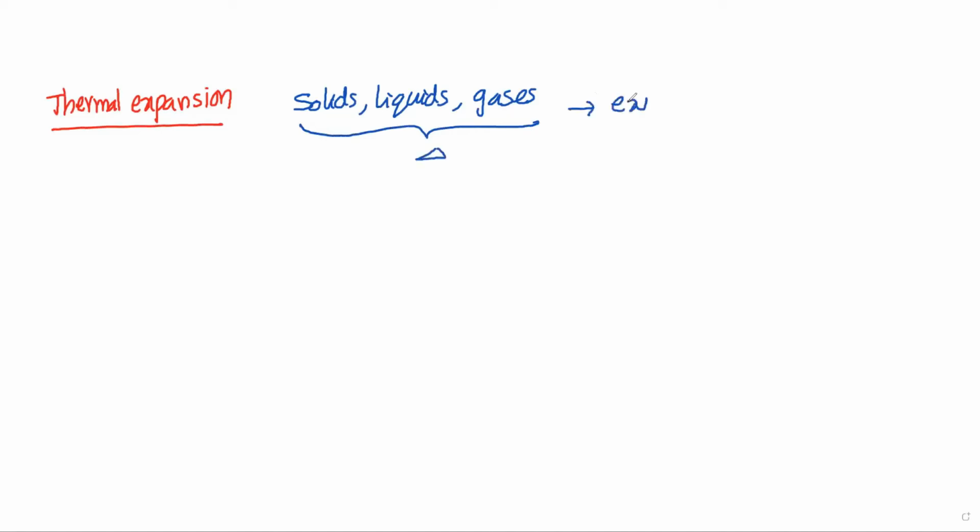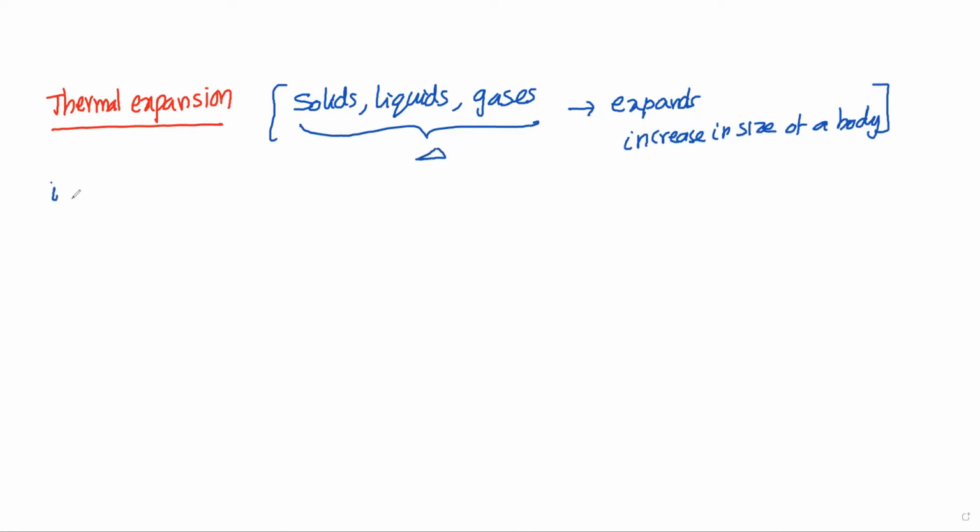It expands. Expands in the sense of increase in size. Yes, increasing in size of a body. So this expansion we can call thermal expansion. Thermo means heat. While giving heat to solids, liquids and gases, the size of a body expands. This kind of expansion we can call thermal expansion.